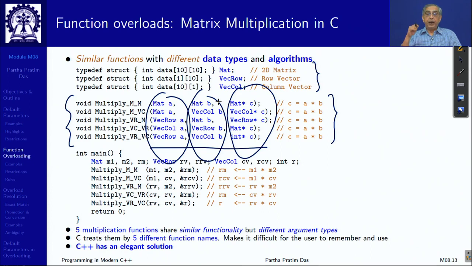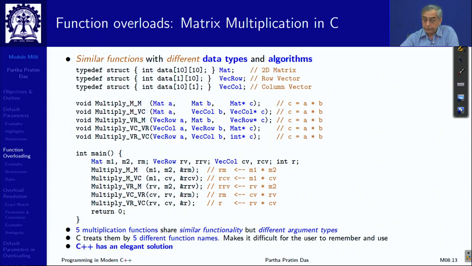So, the programmer using this will have to remember, okay, multiplying matrix by column vector is multiply underscore m underscore V c. Very cumbersome, right? And we will see a lot of other problems also arise because of this.